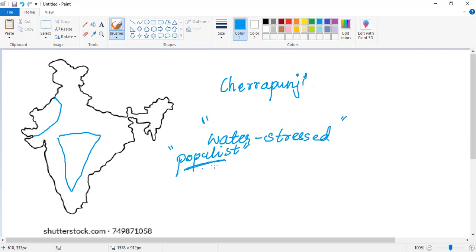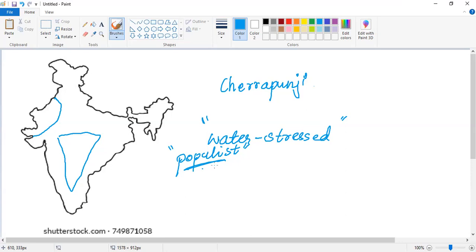The next point is industries. Apart from agriculture, industries also tap groundwater. So industries also exploit groundwater in an unregulated manner.